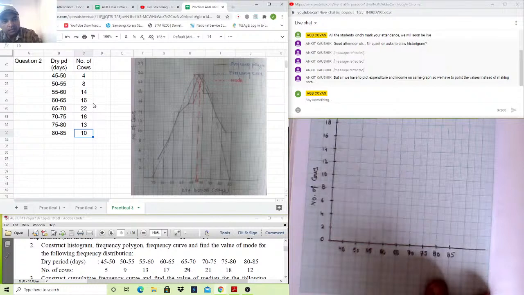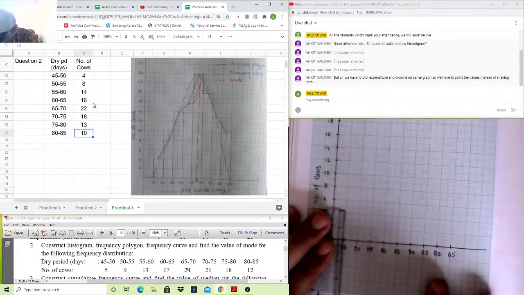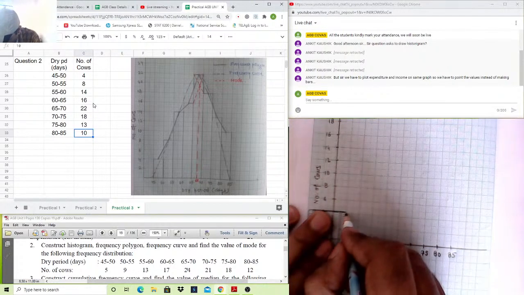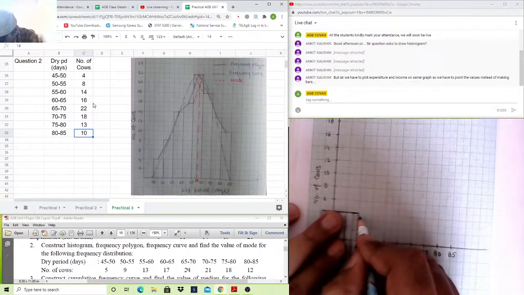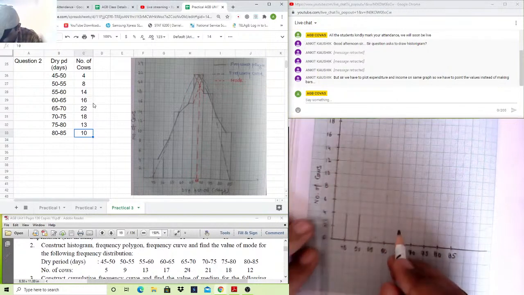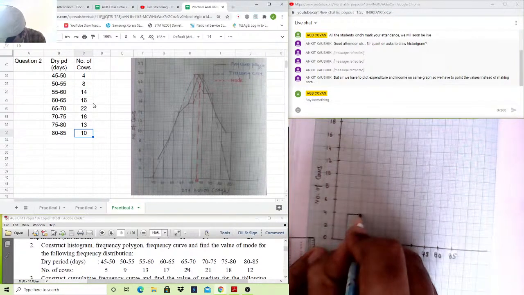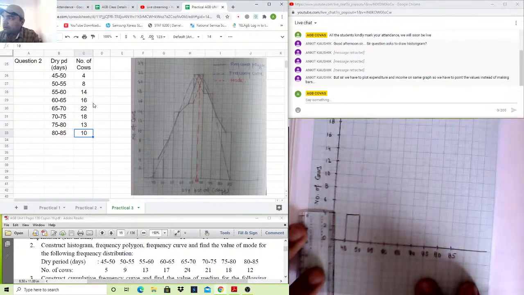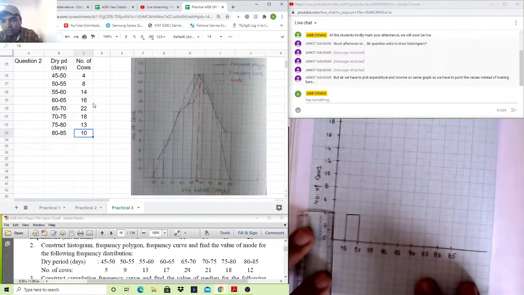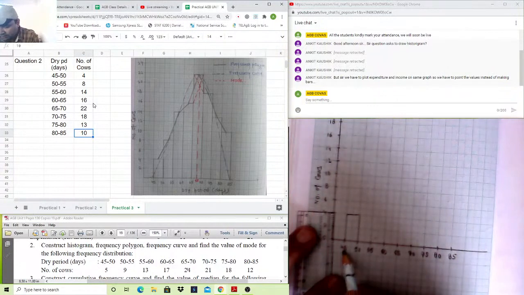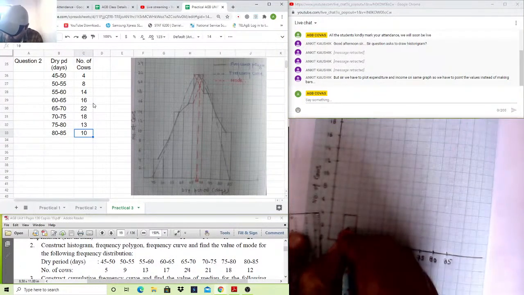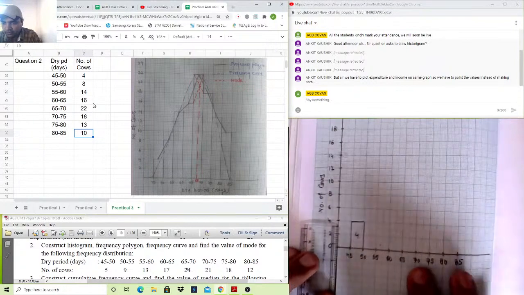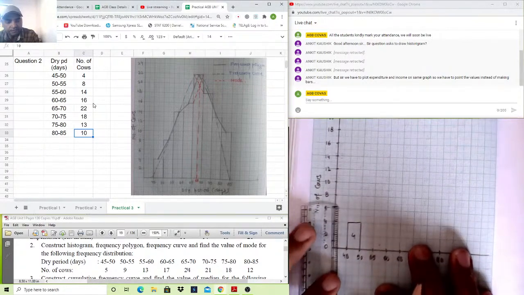So in the first class, that is 45 to 50, it will come up to here. The first class is from 45 to 50, and this is 4. Okay. Then from 50 to 55, it is 8.